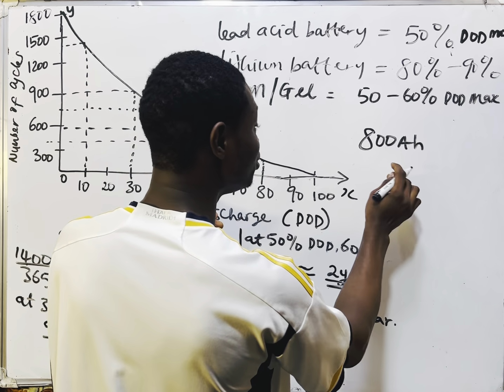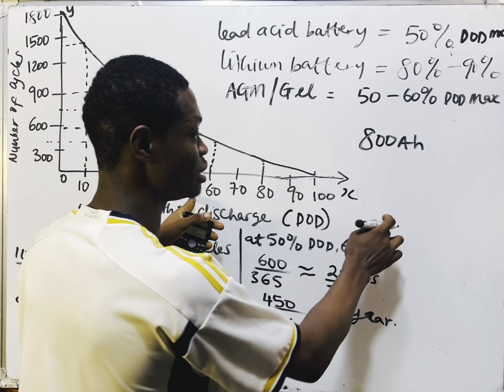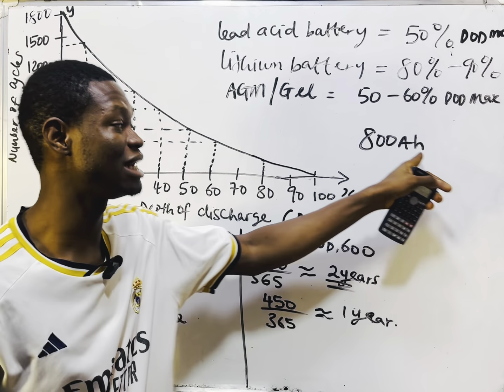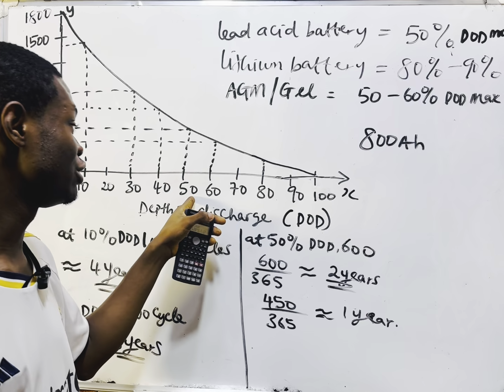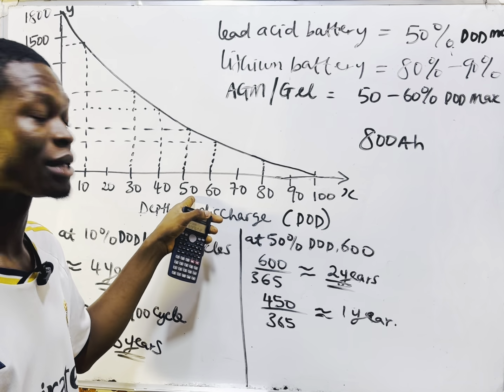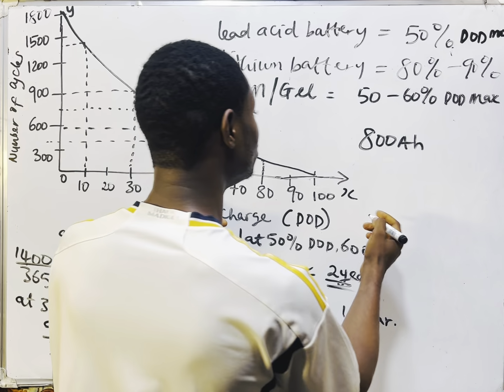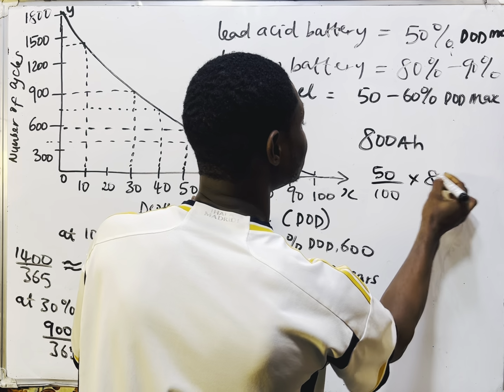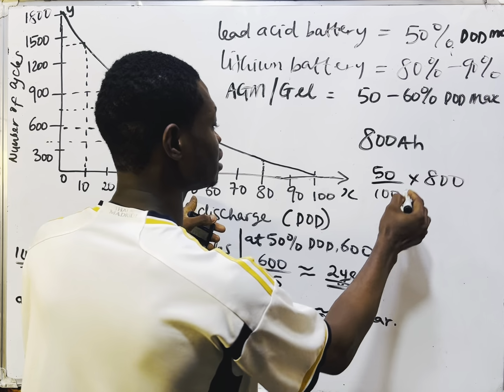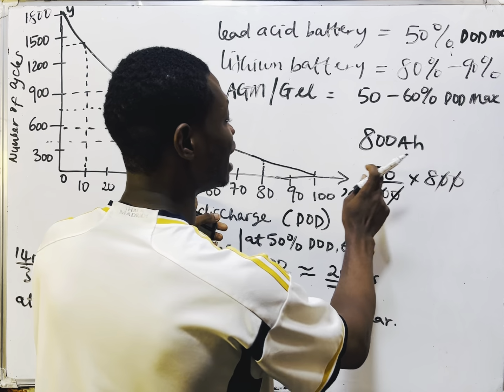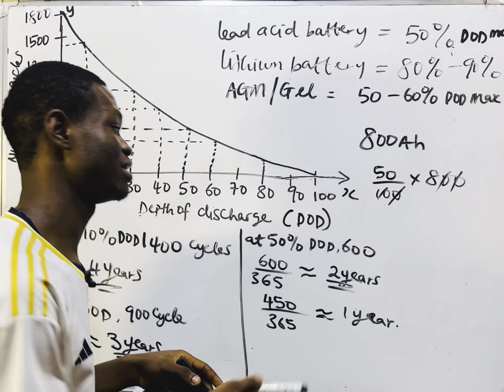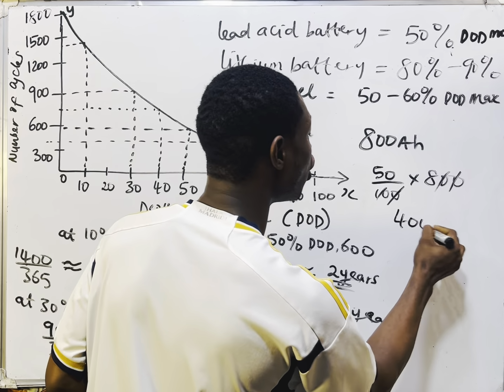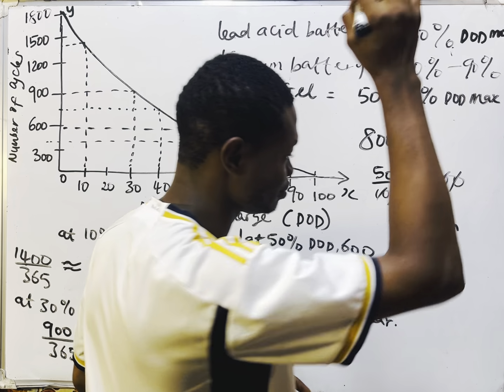It will be 50% times 800. 8 times 5 is 40, so it will be using 400 amp hour.